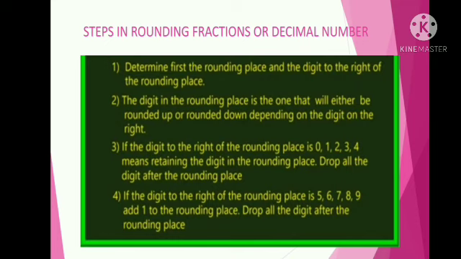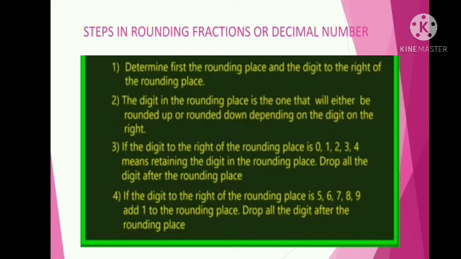So, ibig sabihin kung ang number o digit na nasa kanan ng i-round off natin ay 0, 1, 2, 3, or 4, hindi natin pwedeng palitan o dagdagan yung number na i-round off natin. Okay, so it will remain the same or as it is pa rin siya. At lahat ng number na nasa kanan nito ay tatanggalin na natin or ida-drop all natin.